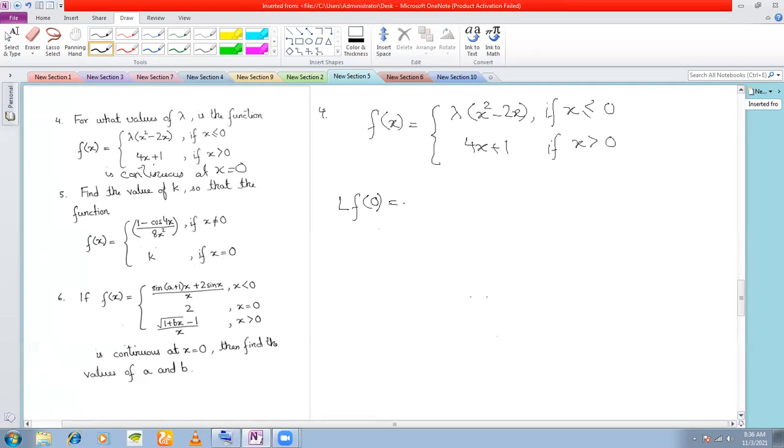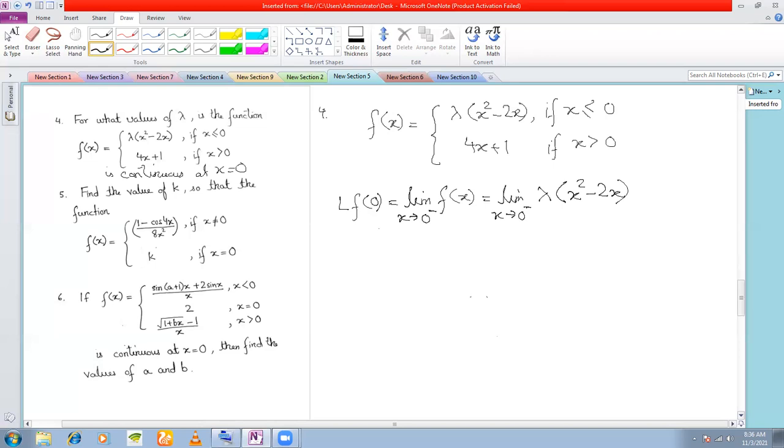LF0 is equal to limit x tends to 0 minus fx, equal to limit x tends to 0 minus, and what is the value of fx for x less than 0, because x approaches 0 from values that are lesser than 0. It is lambda times x square minus 2x, right?